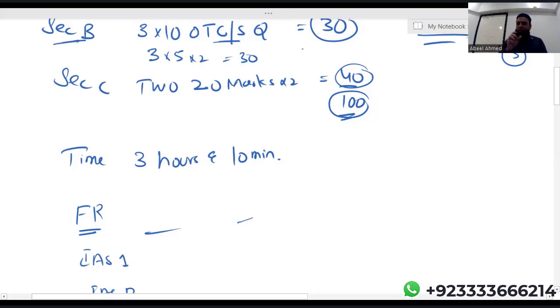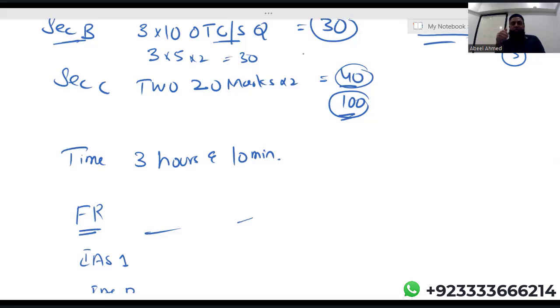Just for example, a very simple example. Like IAS 33, earnings per share. If the examiner has given you authorized share capital, you're not supposed to start the question from authorized shares.